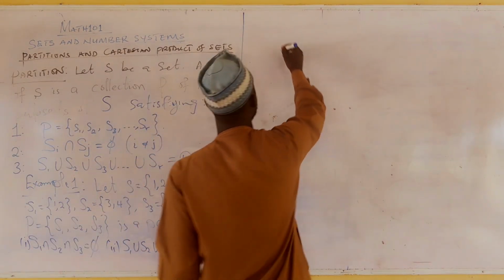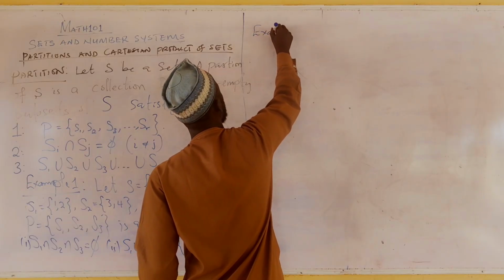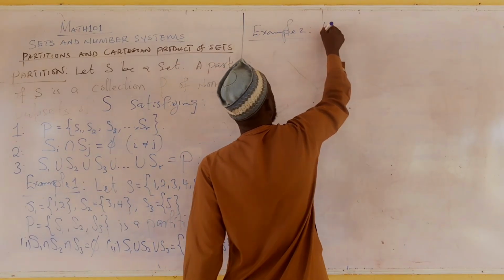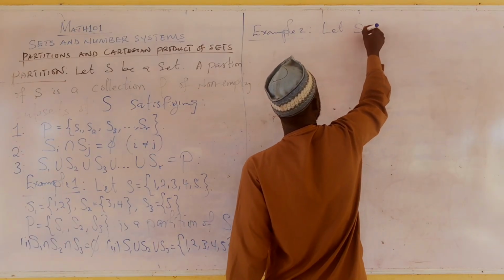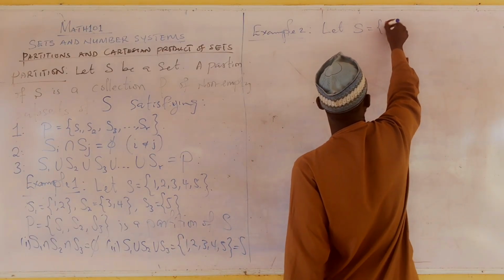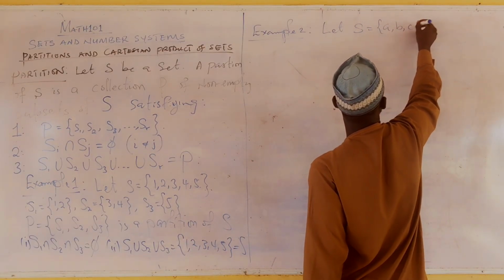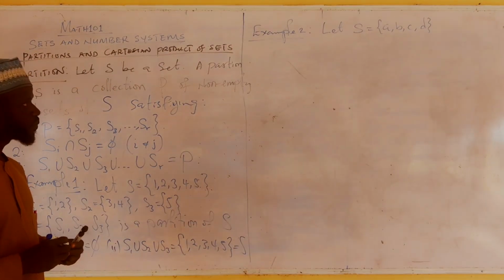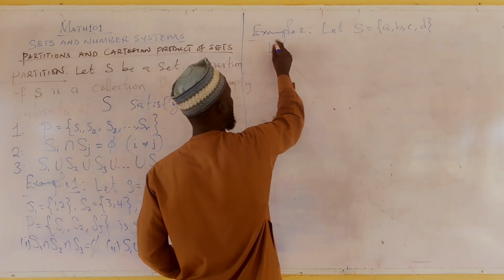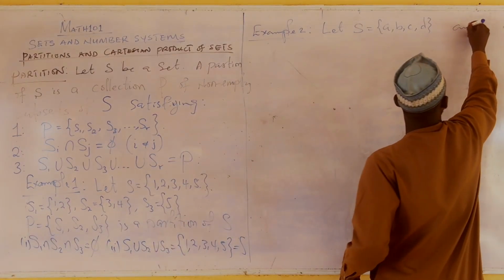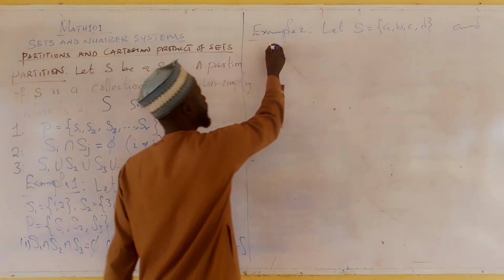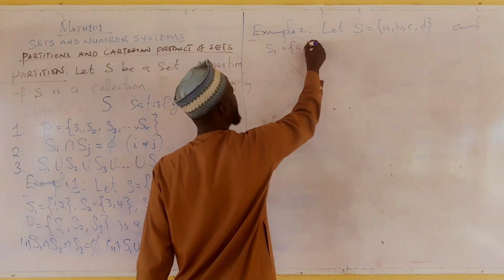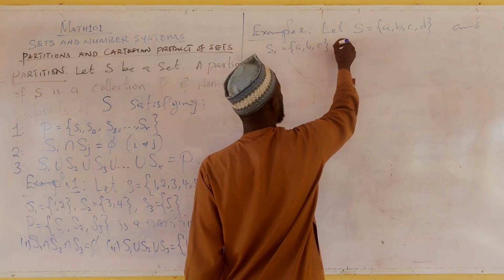Now, another example, example 2. Consider the set S to be equal to the set containing a, b, c, and d. Also let S1 be equal to a, b, c.